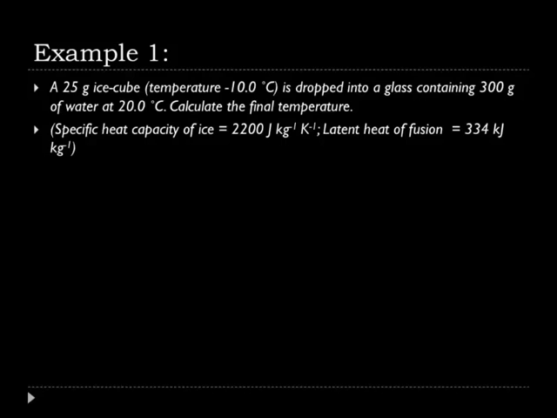In order to solve this, we start with the same principle that we've used before, which is that the heat gained by the ice cube is equal to the heat lost by the water.